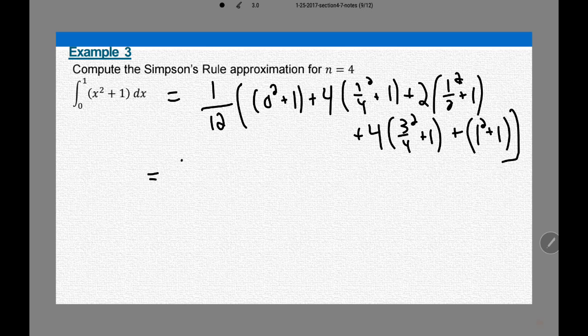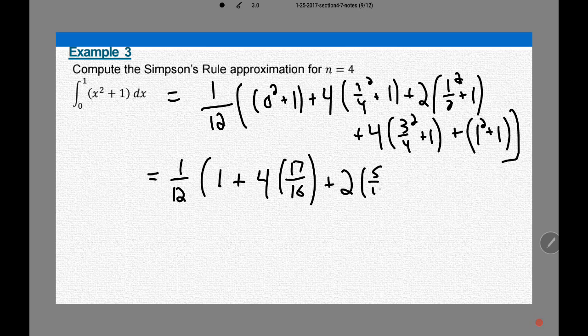Alright, and if we do this, again, 0 squared plus 1 is 1, 4 times 1/4 squared plus 1 is 17/16. So these numbers are just like the last part of the previous problem.